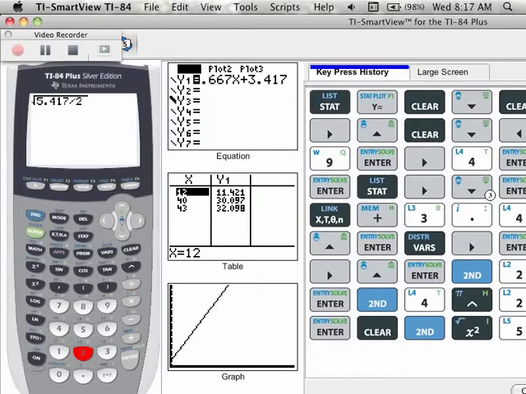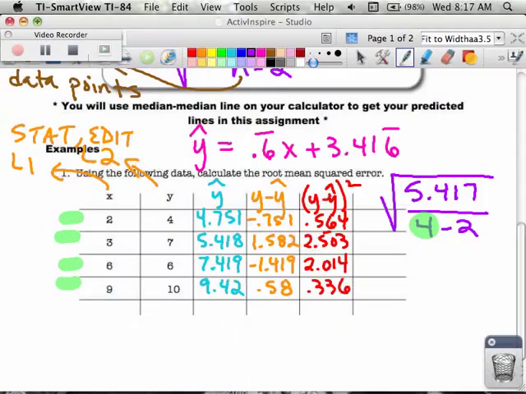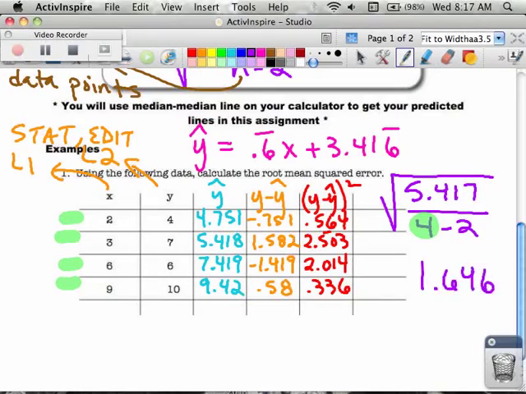And then I hit enter. And this number, 1.646 roughly, is my root mean squared error. So now I go back and I go, okay, my root mean squared error is 1.646. And that's if we're using our residual line.